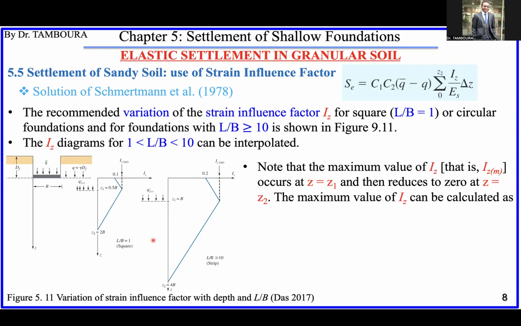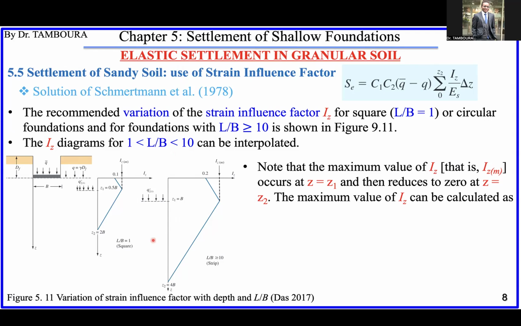Hoping that everyone understands what interpolation is. It means maybe by proportion. If 1 gives this value and 10 gives this value, what value will 5 give, something like that.